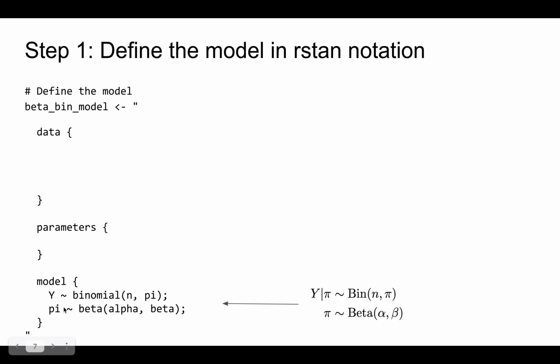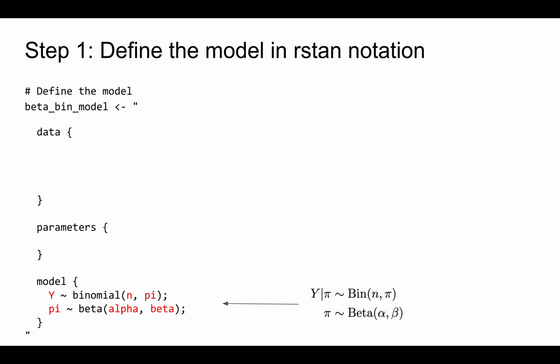Next, we specify our beta(alpha, beta) prior for pi. Now there are a lot of variables and parameters here that are not yet defined. There's y, n, pi, alpha, and beta. The computer doesn't know what to do with these values, and it can't interpret these pieces of our model without some information.